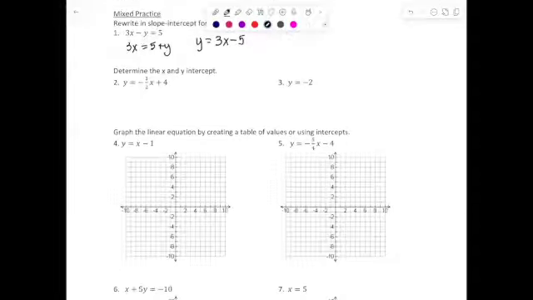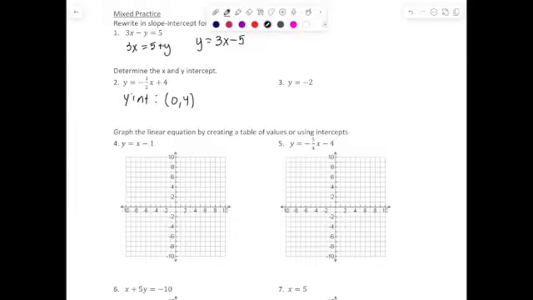Determine the x and y intercepts of these problems. Well, this is perfect because this is already in intercept form for us, right? So first thing, the y-intercept will be really easy. So the y-intercept will give us (0, 4).